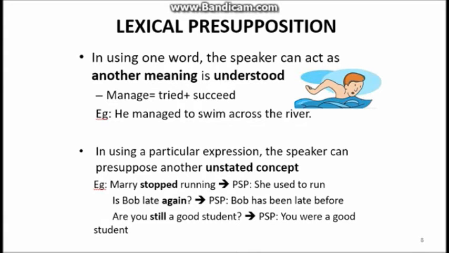And the second one is, in using a particular expression, the speaker can presuppose another unstated concept with specific words like again or still, or maybe it's just a use of tenses like past tense. So an example of this is, Mary stopped running, so we can presuppose that she used to run.